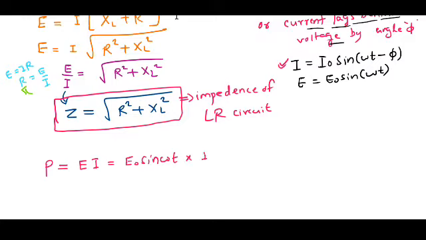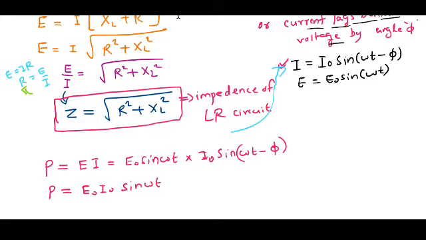The current in the circuit is what we have just written, that is I0 sine(omega t minus phi). So this power is equal to E0 I0 sine omega t into sine(omega t minus phi).